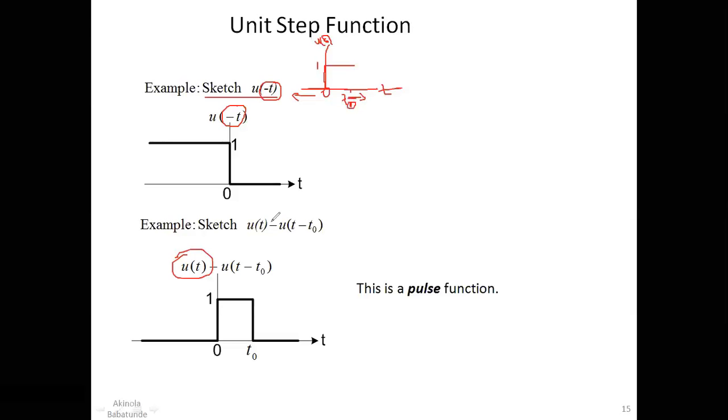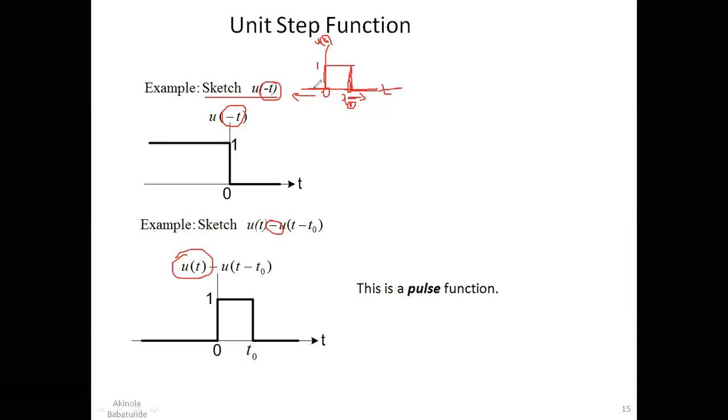What you see here is negative, sorry, negative here. So that means that we are reflecting t minus t naught to the left. So u of t minus t naught would be, from t naught you go this way. So that simply means that you create a pause function. This is a pause function, by the way.